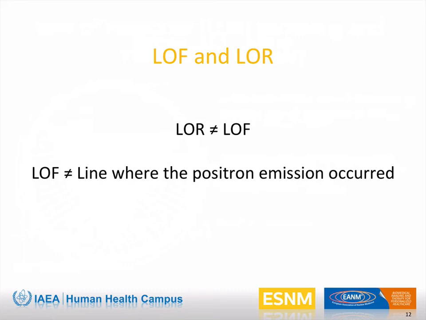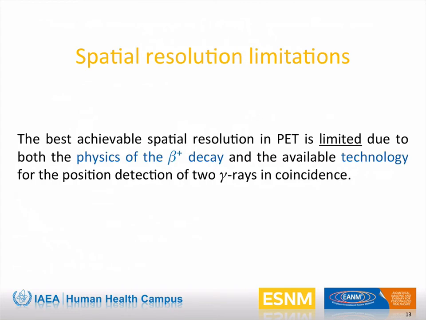Then, due to the imperfection of the detectors, the line of response is not equal to the line of flight, and at the same time, due to the physics of the beta plus decay, the line of flight is not equal to the line where the positron emission actually occurred. Then, it leads to spatial resolution limitations.